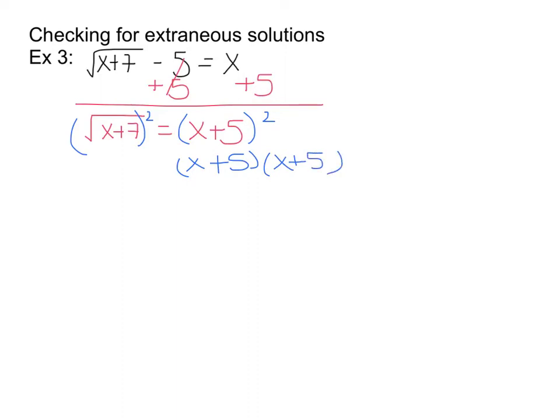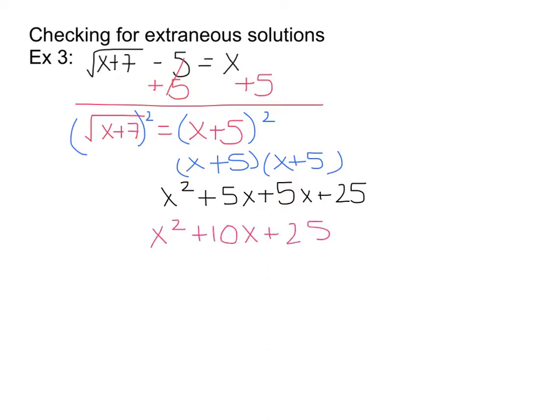So that gives me x squared plus 5x plus 5x plus 25. And we're going to go ahead and simplify that to x squared plus 10x plus 25, and then I'm going to bring down the equals x plus 7.